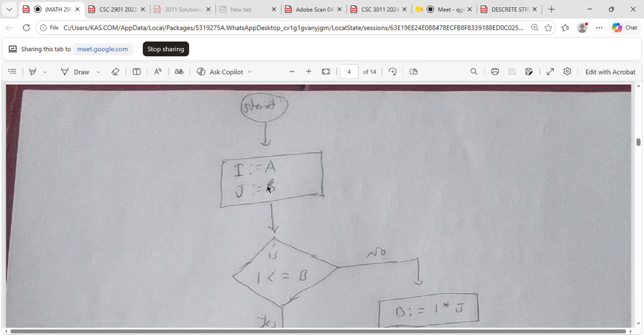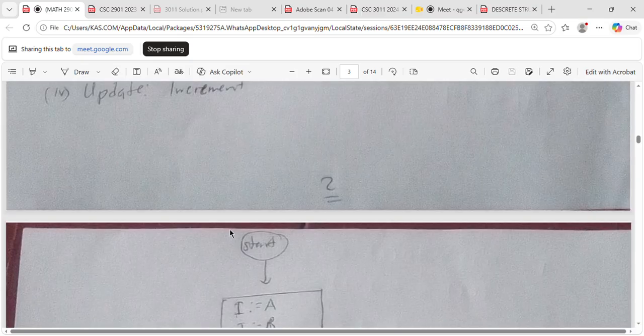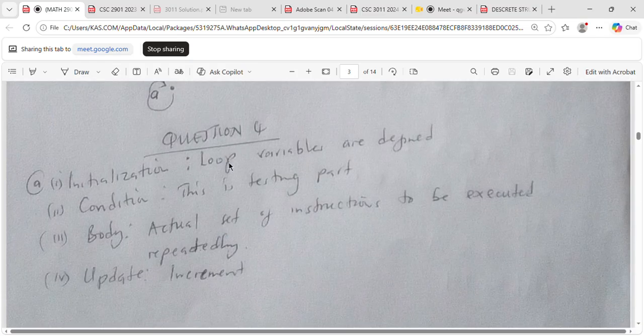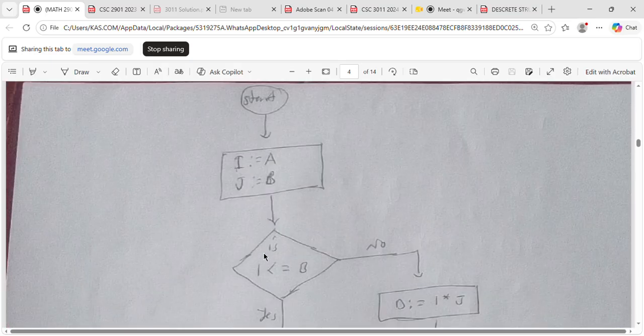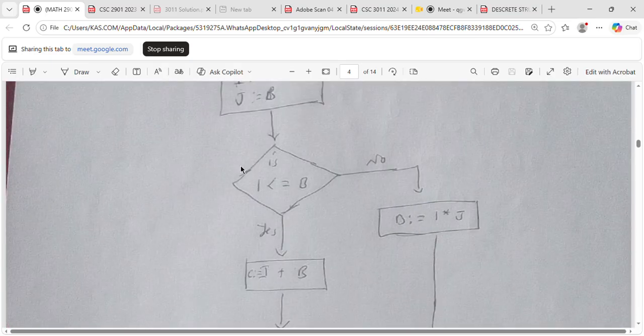So that is initialization, which is this part. There are variables that are going to be defined there. Then there's a condition in the decision box. You can come up with anything, it's up to you to make that up. So if this is true, then you can assign i plus b, some value there, to c.